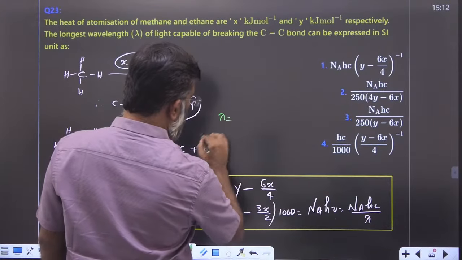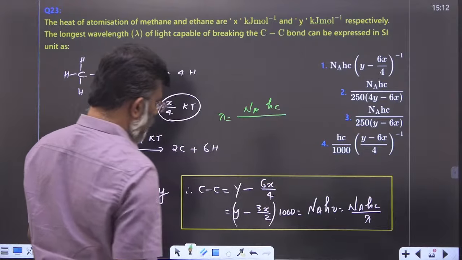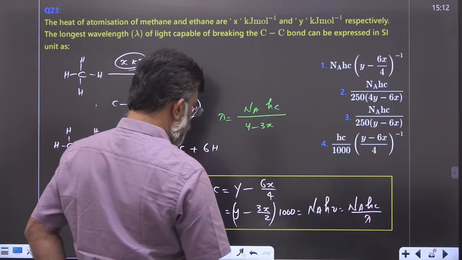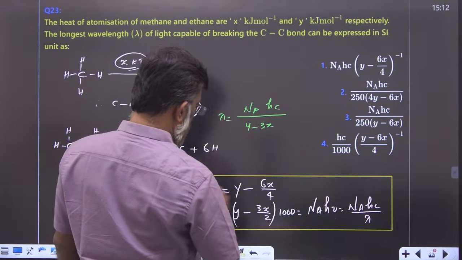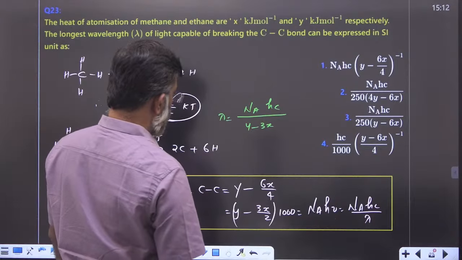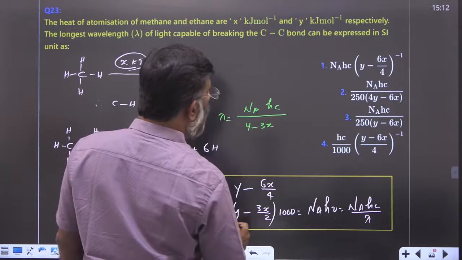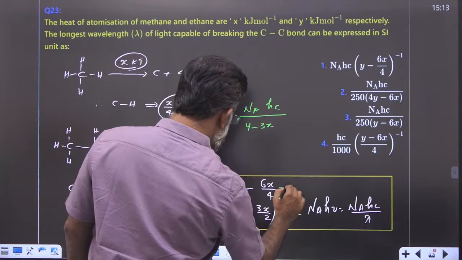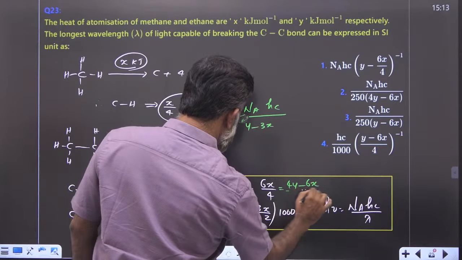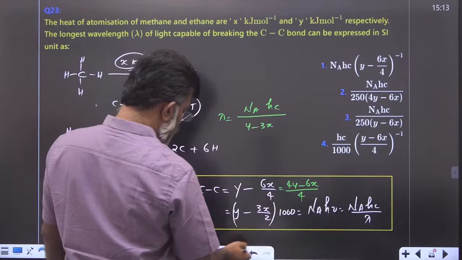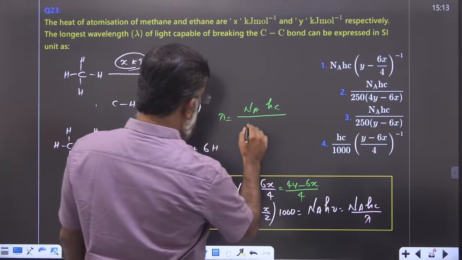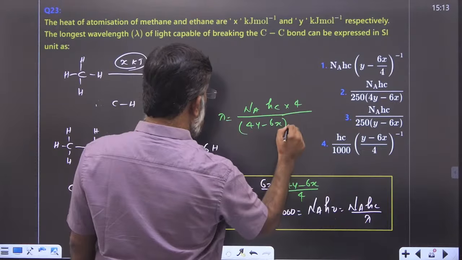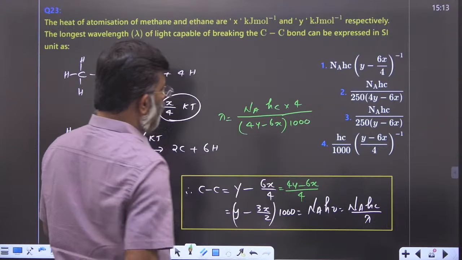Therefore, lambda equal to NaHc divided by y minus 3x by 2. Everything is in terms of 6x, so we can write it the same way: 4y minus 6x divided by 4, into 1000. So we can write 4y minus 6x divided by 4, and that goes to the numerator. Converting to joules, there will be 1000.